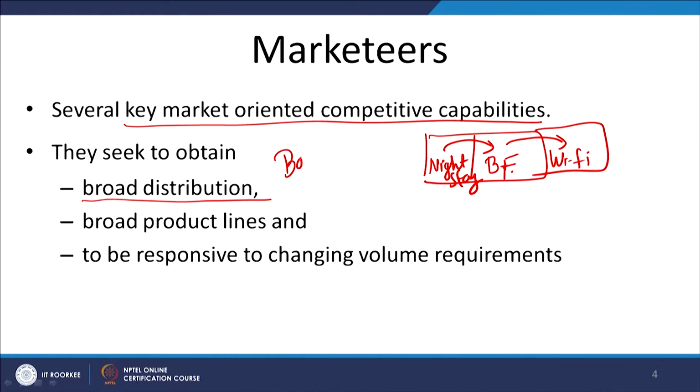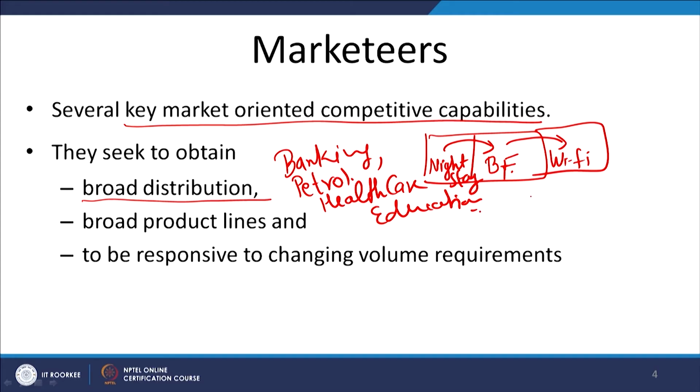In a country like India, there are examples particularly in the banking sector, then in the petroleum sector, in the healthcare sector, and then in the education sector. The key of success is to broaden the distribution. In all these sectors, there is not much innovation happening in the product, though there is some.